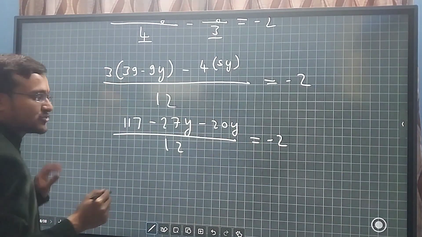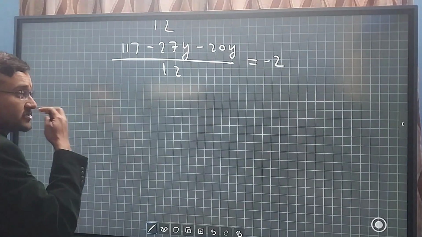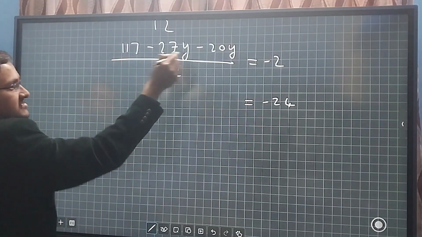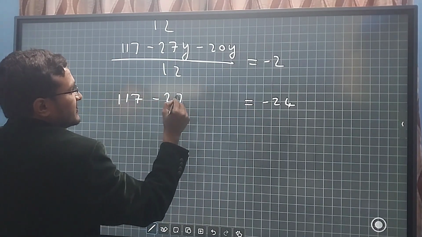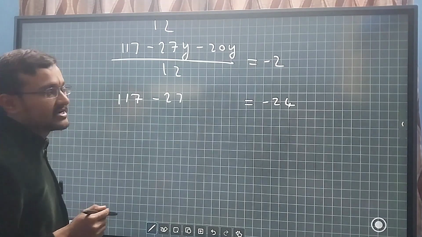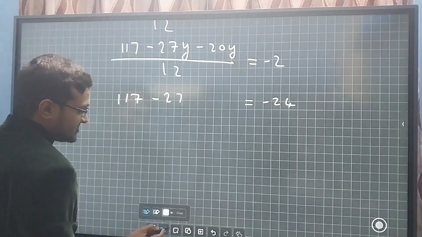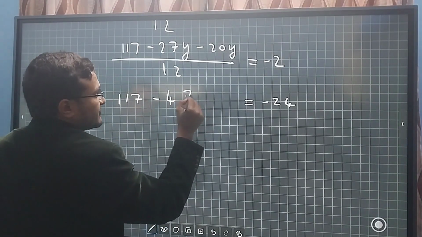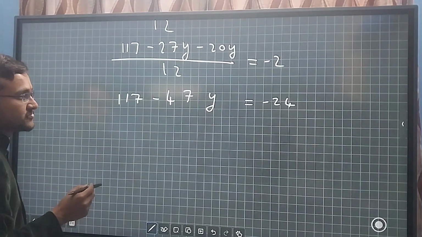So this 12 you can take to RHS, it becomes minus 2 into 12, which is minus 24. So in the LHS you can write this numerator. That is 117 minus 27y minus 20y. Minus 27 minus 20 will give you minus 47, so directly I can write minus 47y. So 117 minus 47y is equal to minus 24.